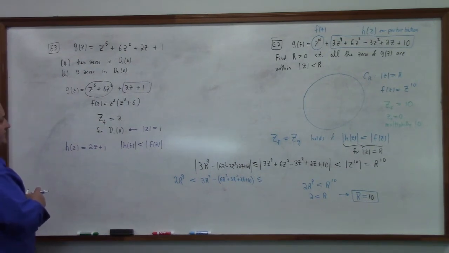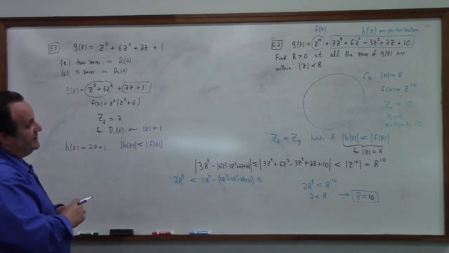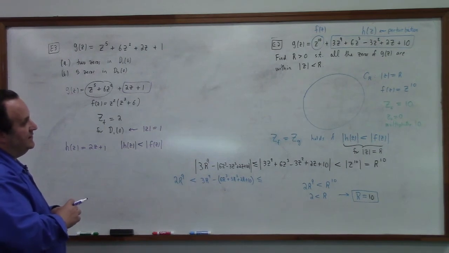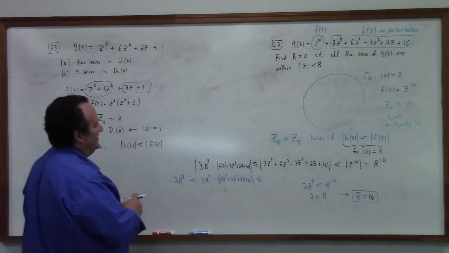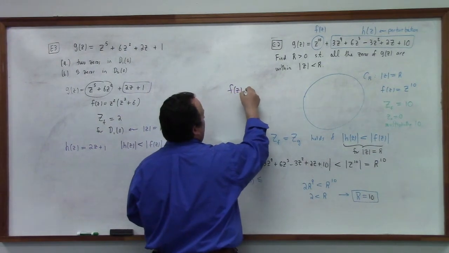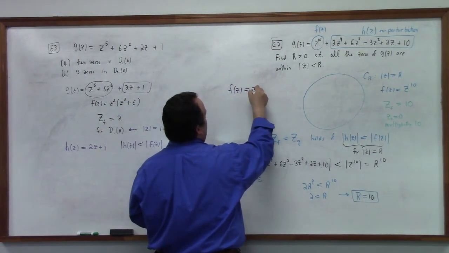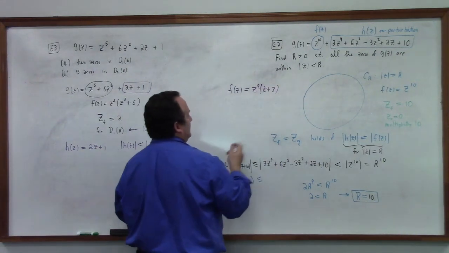Example 2? Yeah, like you just take f of z to be z to the 10th plus 3z to the 9th. Oh, that's a nice idea. That makes it so much easier, straight back to like a cubic. Very good. So your suggestion is to let f of z equal z to the 9th times z plus 3, which also clearly has 9 zeros at 0 and 1 zero at -3.